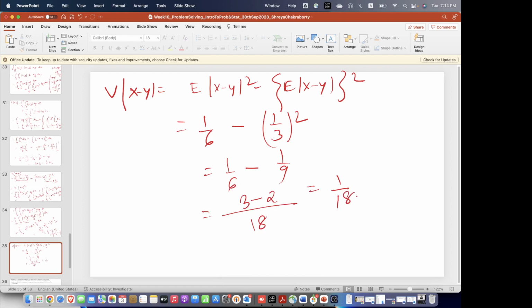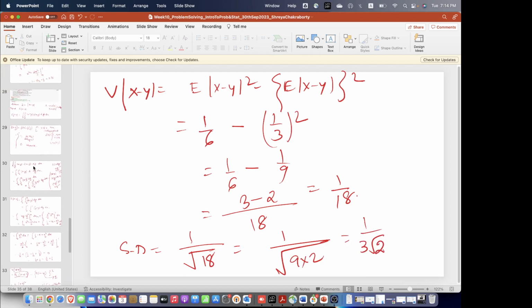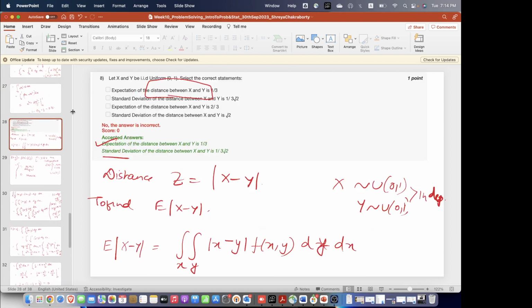This is 1 by 18. So standard deviation is 1 by root over 18. This is 1 by root over 9 into 2. This is 1 by 3 root 2. And this was the answer over here. Standard deviation is 1 by 3 root 2, for the first and second one.